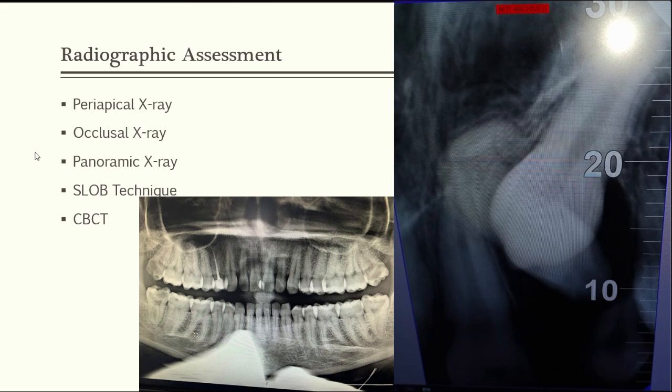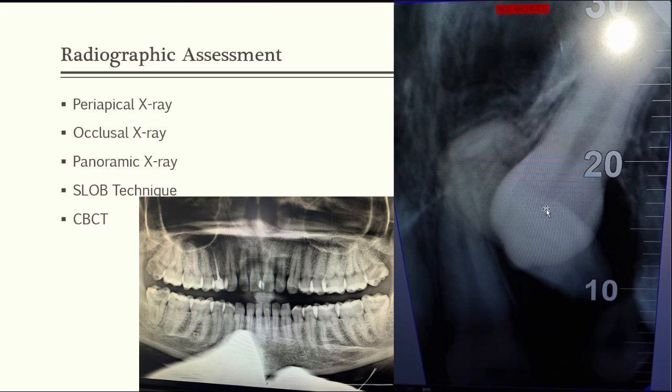Now, then we can go for radiographic assessment. We can ask for a periapical X-ray, occlusal X-ray, panoramic X-ray, the slope technique, and the CBCT. So, this is a periapical X-ray. It's a 2D image.